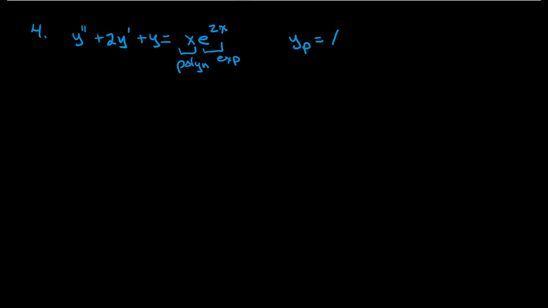Now be careful. This is ax plus b. This can really be looked at as x times e to the 2x plus 0 times e to the 2x. Factoring out the e to the 2x, we have x plus 0. Aha! We do have a polynomial with both the variable x to the first degree plus our constant.